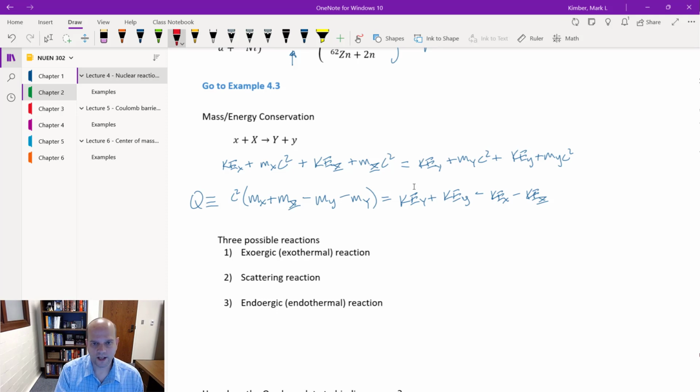In almost all cases that we're going to deal with, we're going to take this here to be 0. And what that means is that my heavy particle on the reactant side is at rest. I don't have a velocity to it. And you might wonder if that's ever going to be physically realistic. And the answer is, well, of course it can be, because we're going to use that as our frame of reference. We're going to put our coordinate axis on that heavy particle on the reactant side.